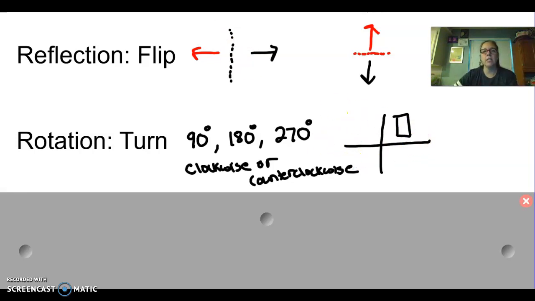So if we go 90 degrees clockwise and we turn it, so from this quadrant to this quadrant is 90 degrees, and it's going to kind of turn sideways. And if we went here all the way to here, that would be 180 degrees. And then if we went from there all the way around, this would be 270 degrees, and it would be 360.